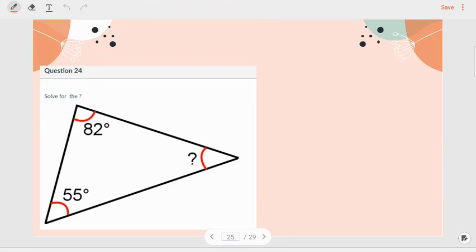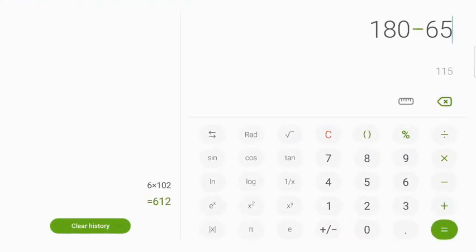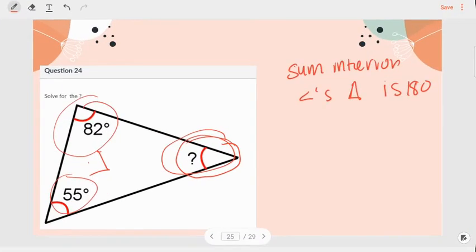Solve for the question mark. I want to find the last unknown angle in my triangle. So remember, the sum of the interior angles of a triangle is 180. So this plus unknown should equal 180. How do I find that last unknown? Add the two angles that I know. 55 plus 82 is 137.